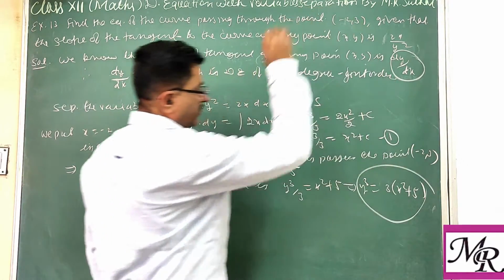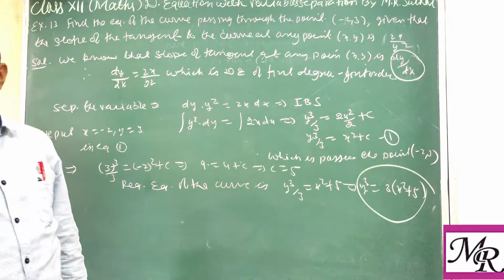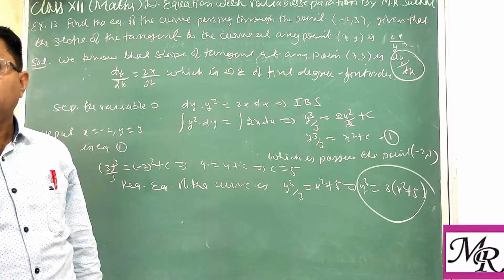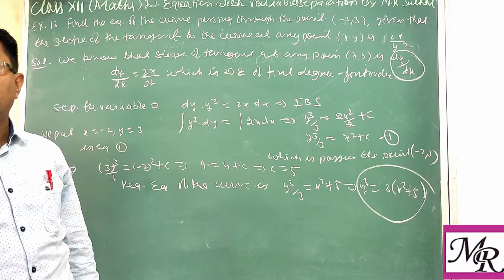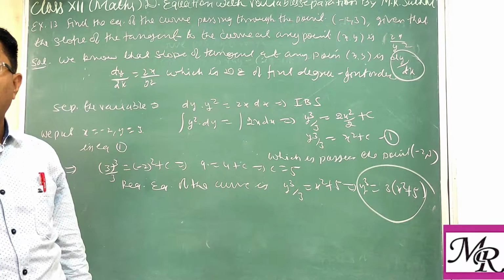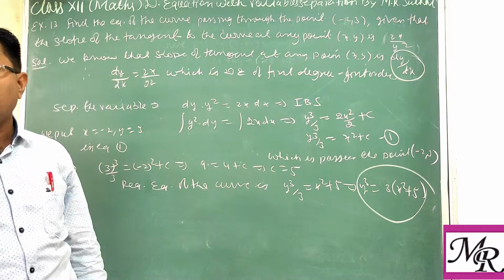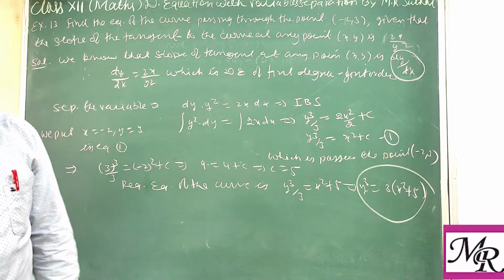So this is the required answer. In this way one can find the solution of the given equation when we are given some special condition. So write down this one.